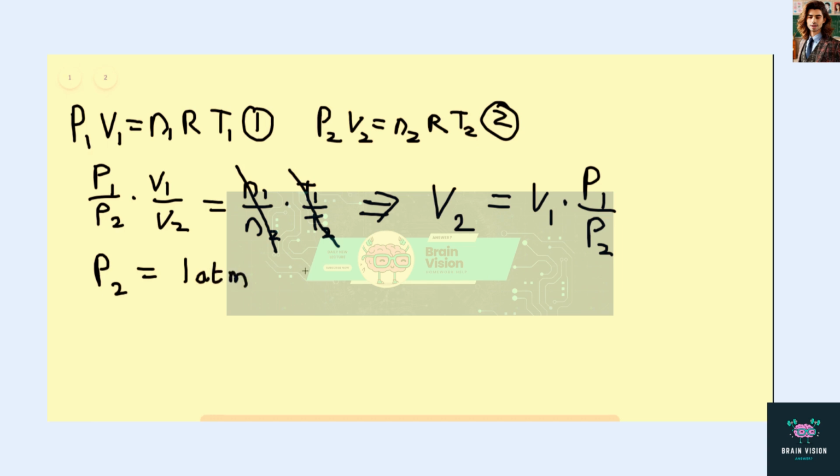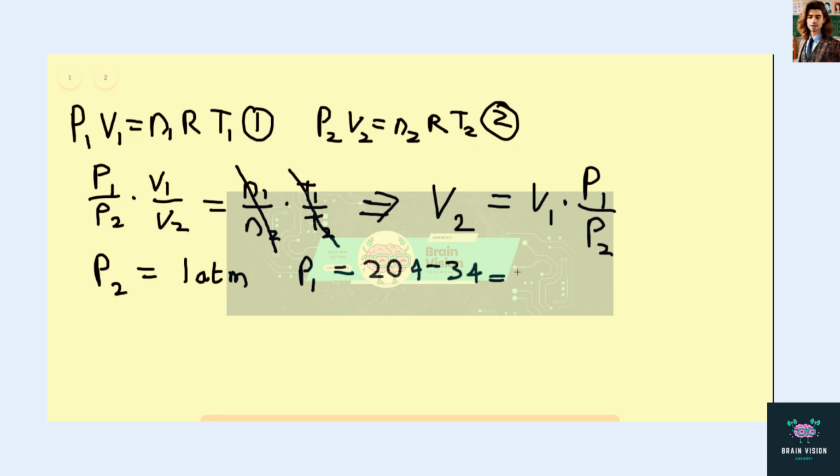And for P1, if we think about this, our scuba tank is going from 34 atm to 204 atm. So we're increasing the pressure by 204 minus 34 atm.